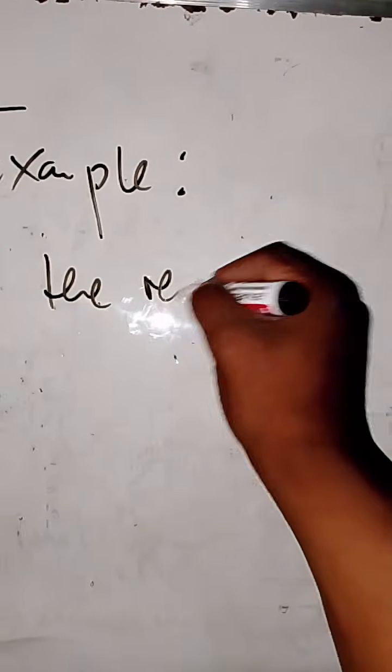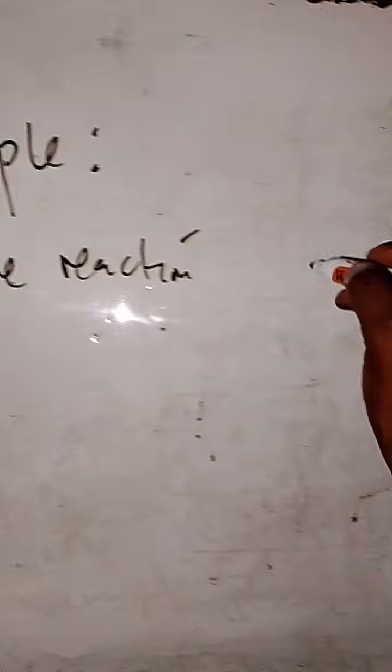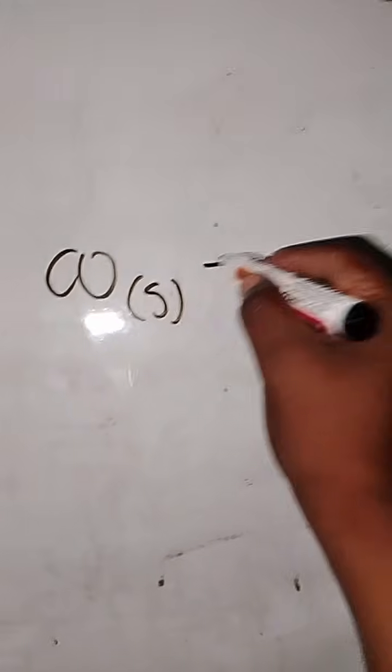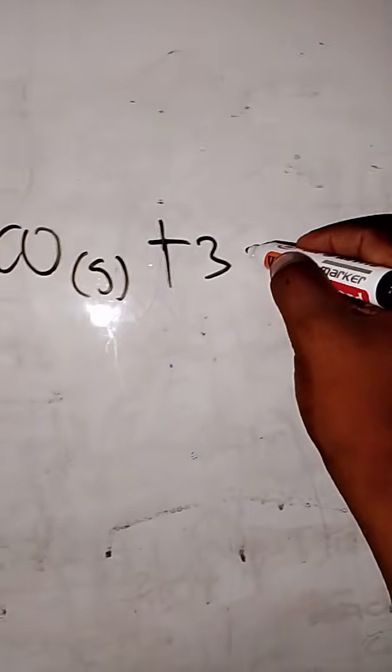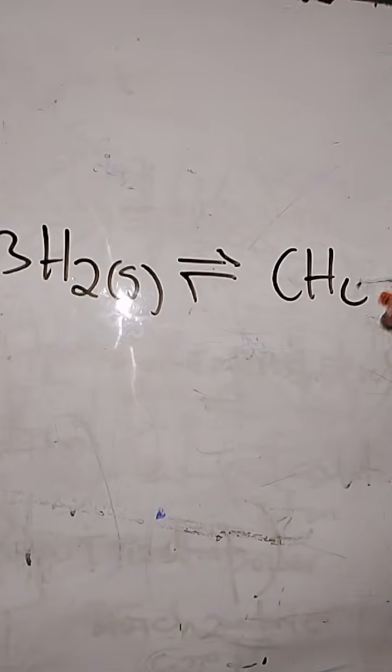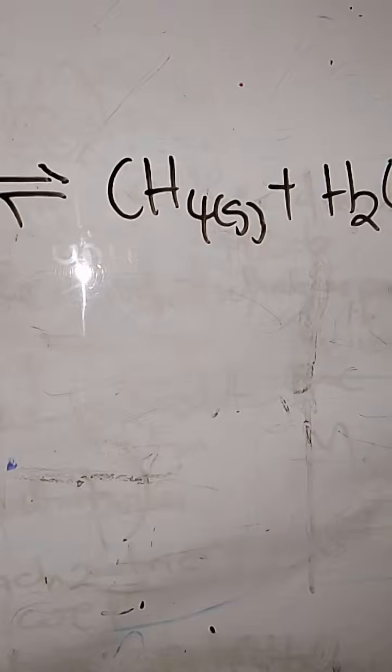Okay, so for the reaction carbon monoxide plus hydrogen gas gives us methane, CH4, plus water vapor.